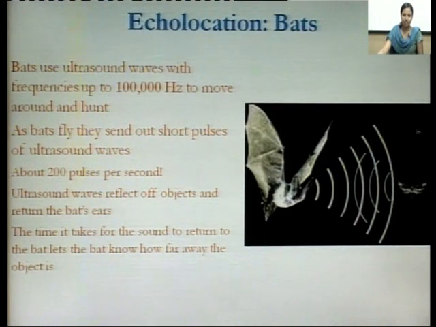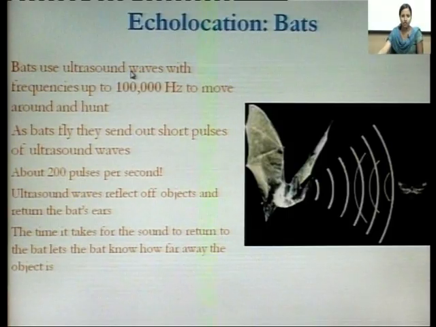Here we can see a bat emit ultrasonic waves. If there is some obstacle, these waves will come back, and according to that, they will find the object in front of them.